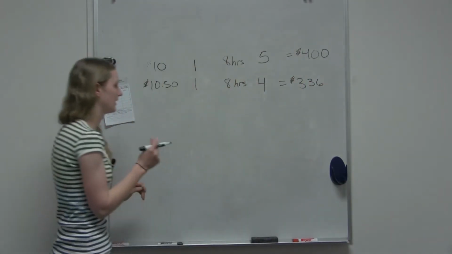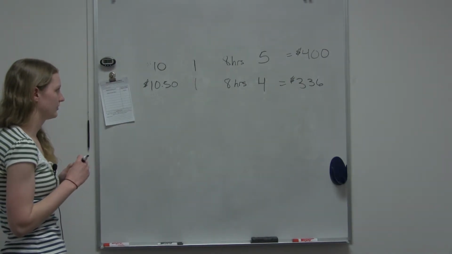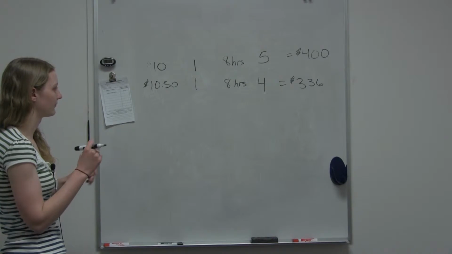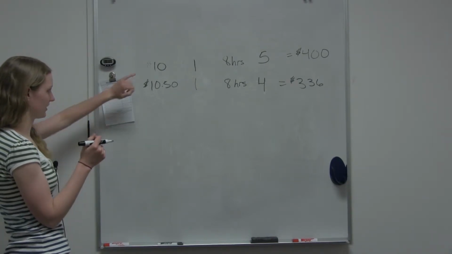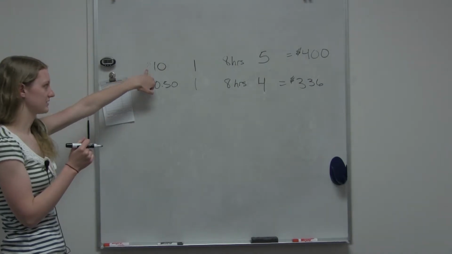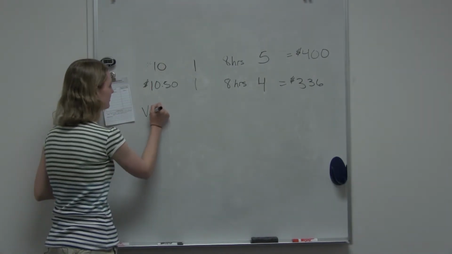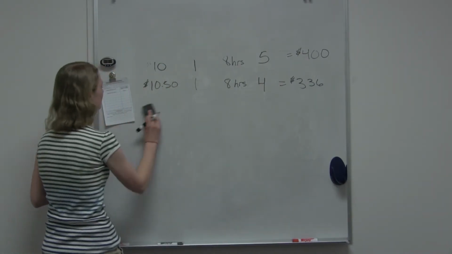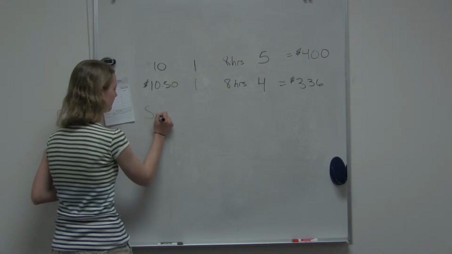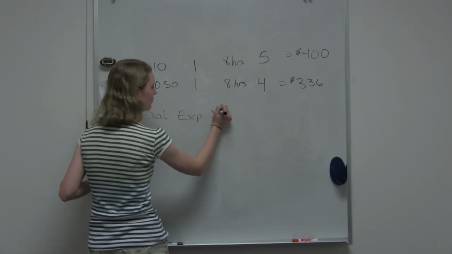Okay, let me go back just a second. So when we accrued this liability, we had the salaries expense, and you would debit that for the full 400.